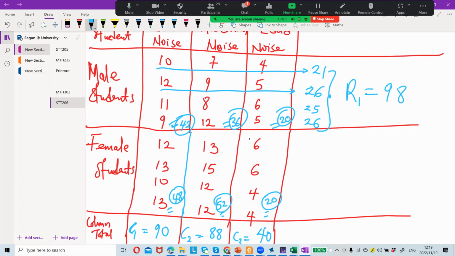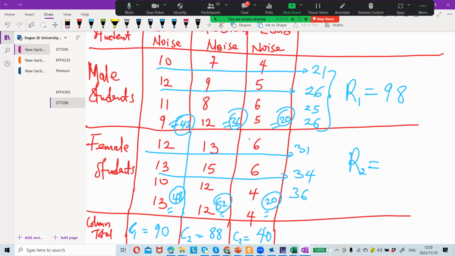So now do the same thing we did up to the one down, to R2. This is R2. What's the value for this? Anybody? 31. Next. 34. Next. 36. Next. 29.